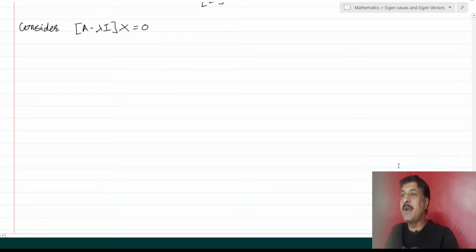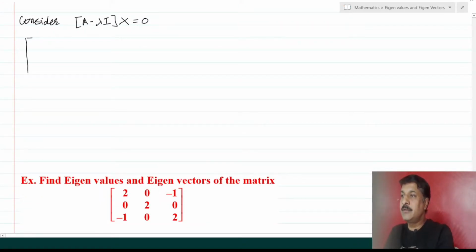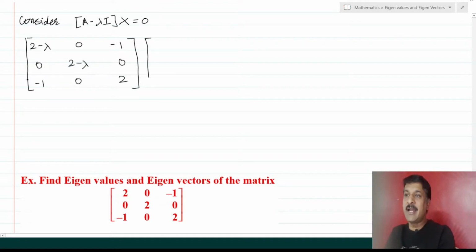What is this A minus lambda I? It is 2 minus lambda 0 minus 1, 0 2 minus lambda 0, minus 1 0 2 minus lambda, into x. X means the eigenvector, that is (x, y, z), and that is equal to 0. Actually it is a null matrix.